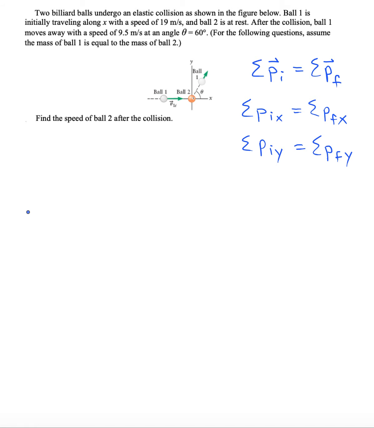So I'll draw the situation here. The balls are going to collide in such a way that they rebound off each other at unusual angles. We already know the initial speed of ball 1, 19 meters per second, and the final speed of ball 1, 9.5 meters per second.